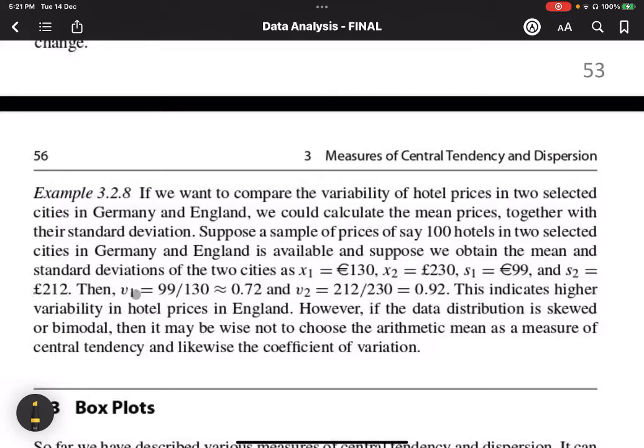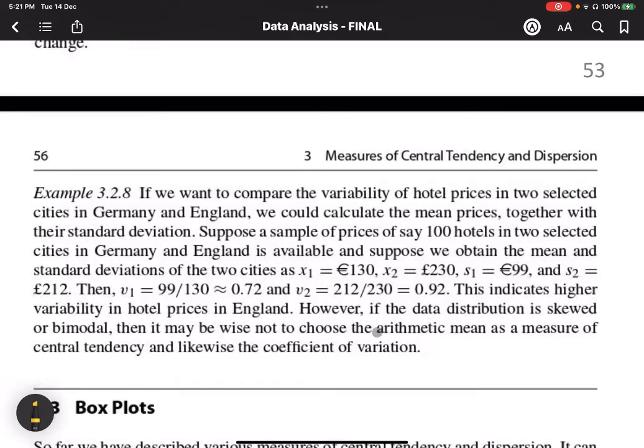And then for the variation, we will have 99 over 130 and also 212 over 230, which gives us 0.92, which is higher than the variation of Germany. No? So this indicates higher variability of hotel prices in England.